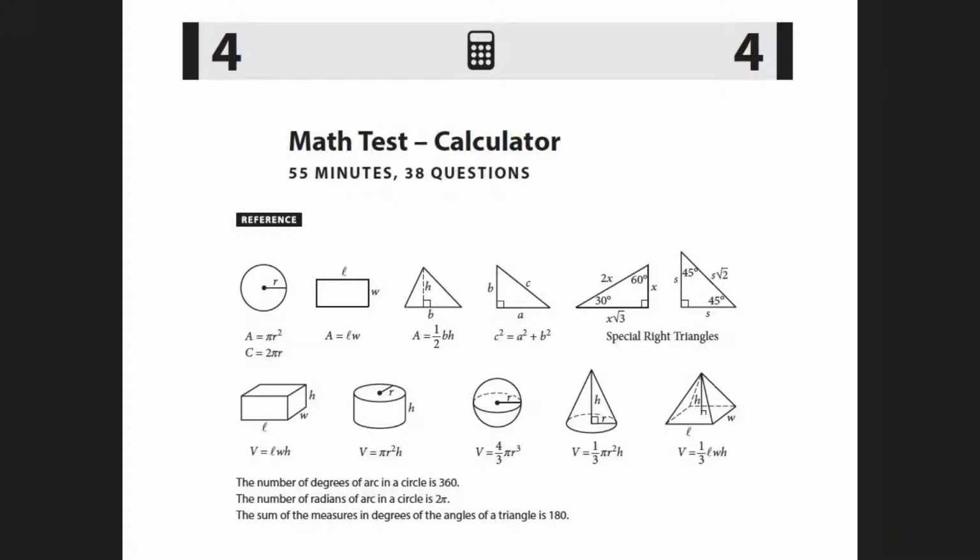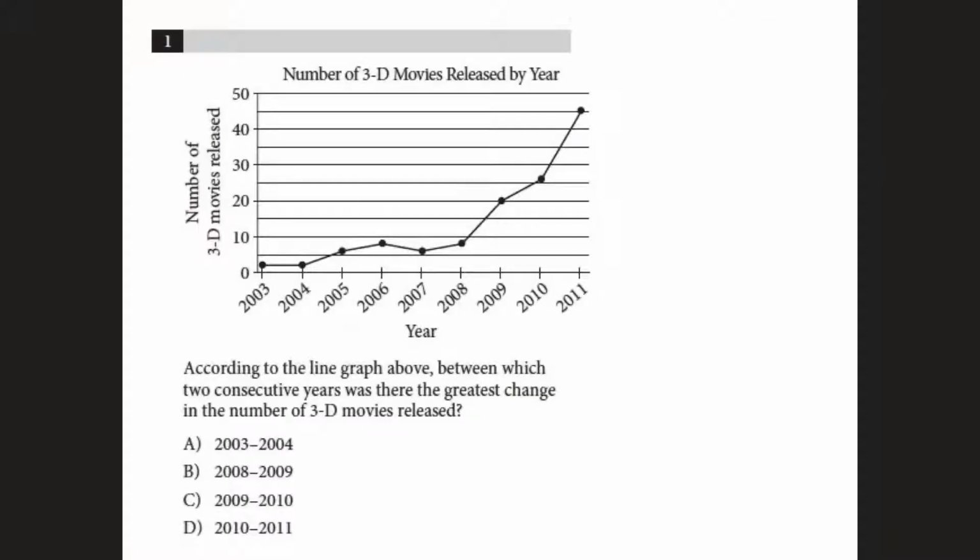Okay, section number 4. This is the calculator section. Right here we've got a list of our formulas for area, volume, and some information about circles down here on the bottom. We'll come back to that if needed. Number 1.